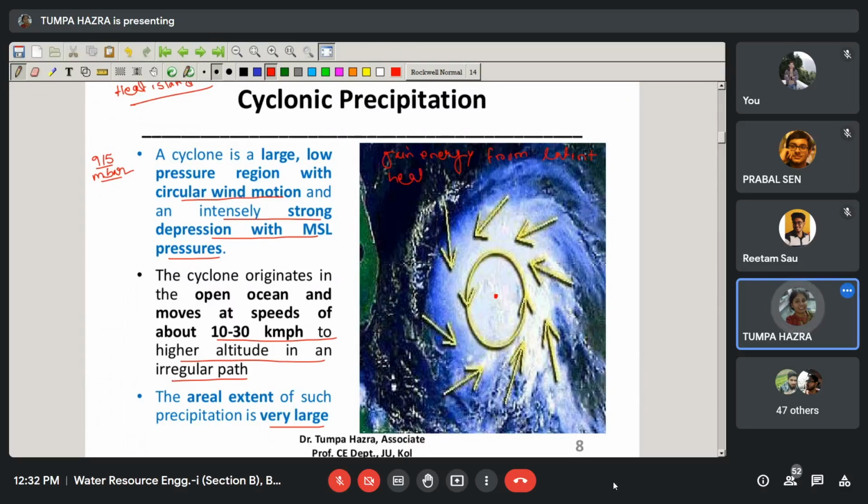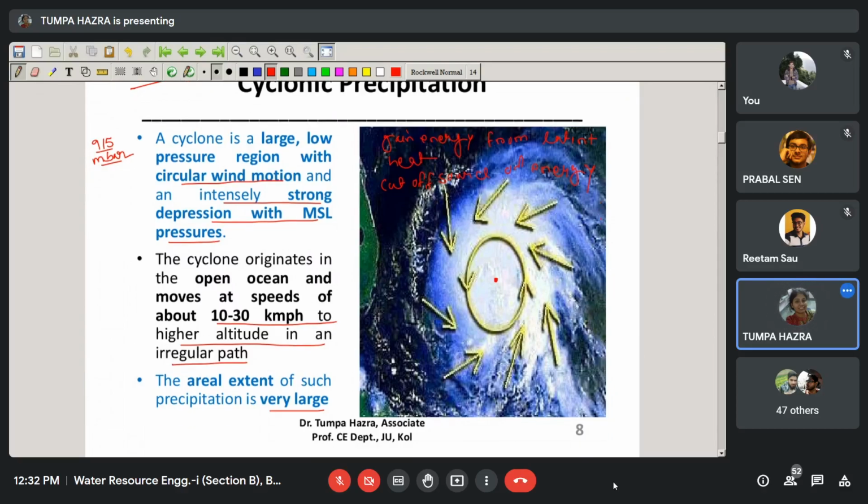Now whenever it reaches the earth surface, the land surface, there will be a cut off of the source of energy. So it dissipates. Okay, but it creates high damage of life and property along the path of the cyclone.